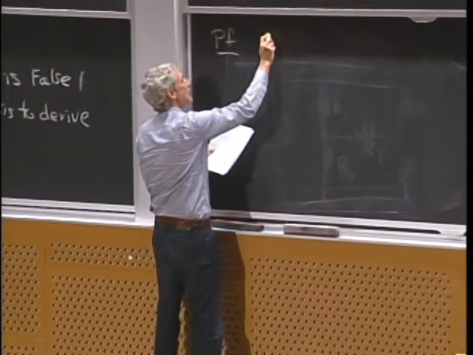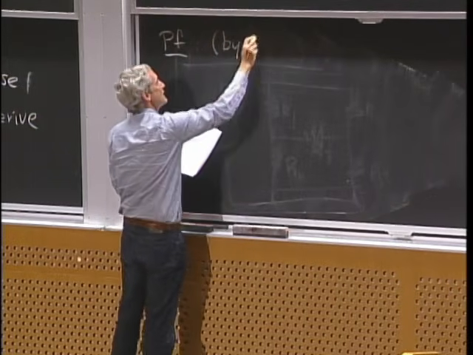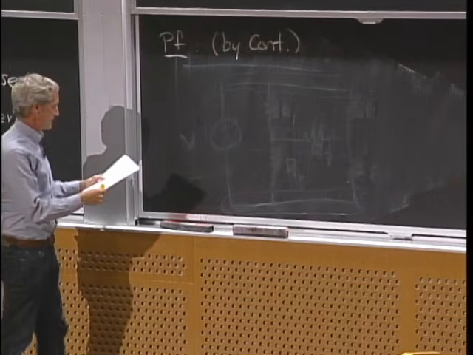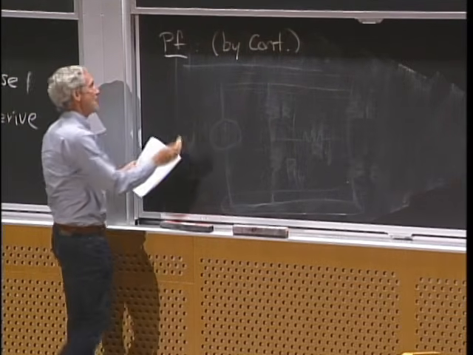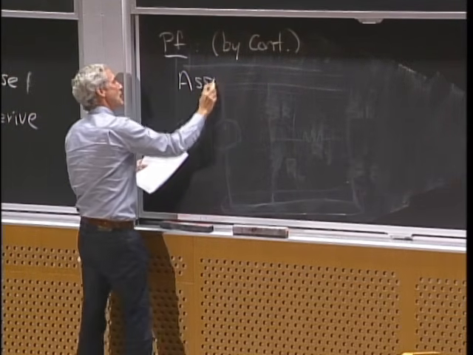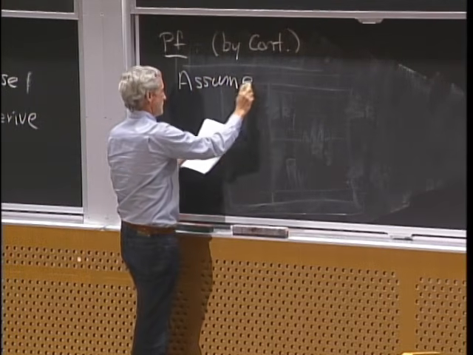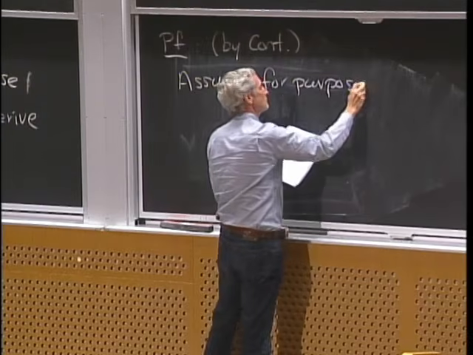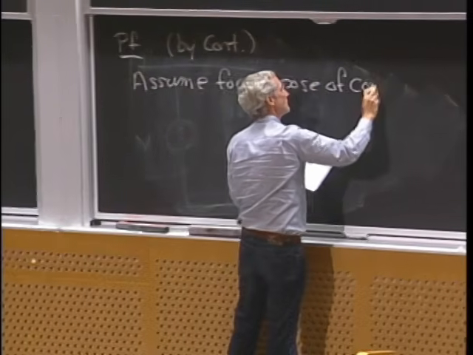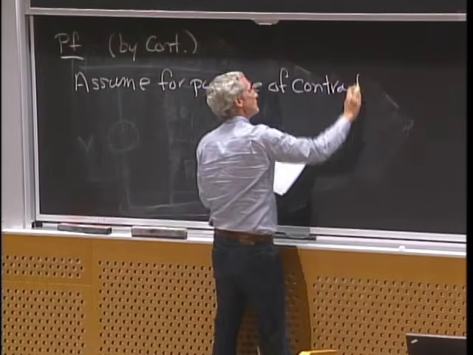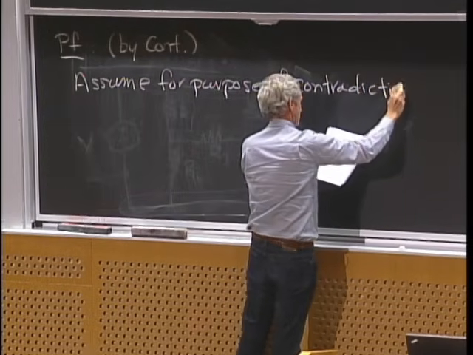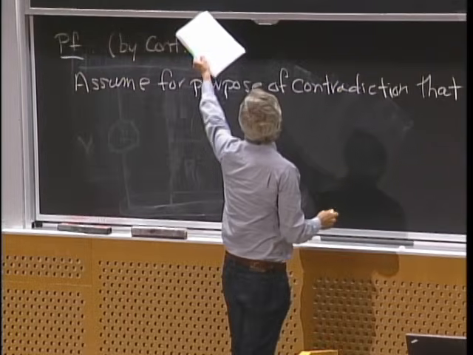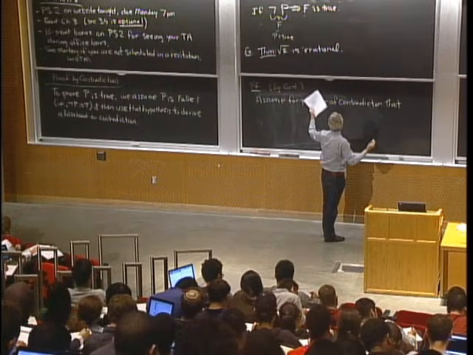Now, when you're doing a proof by contradiction, always start off by saying by contradiction. Write that down. And then you say, I'm going to assume, for the purpose of contradiction, that P is false, namely not P is true.